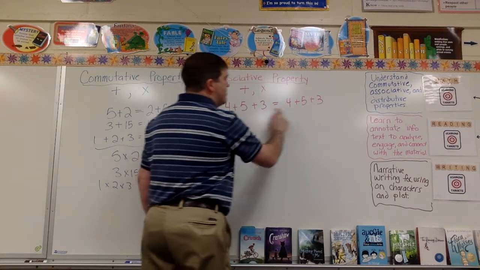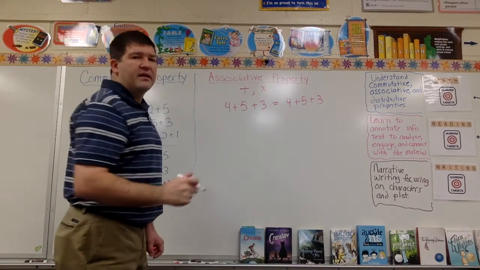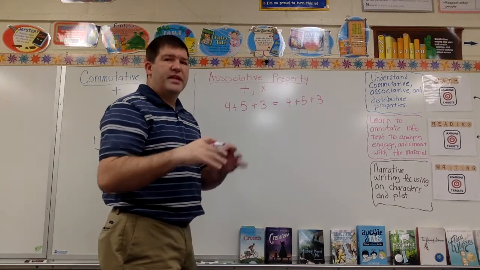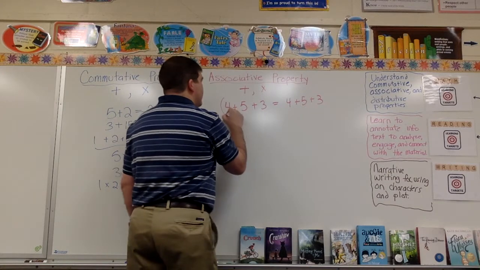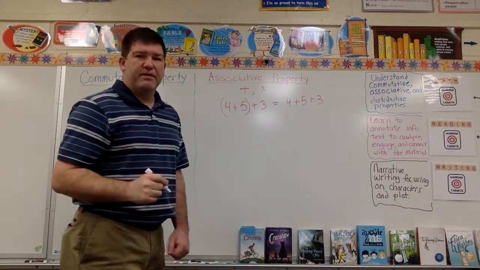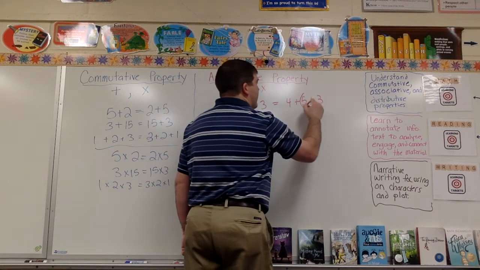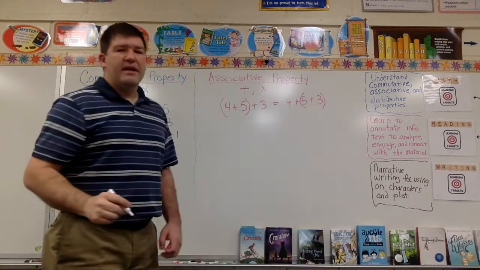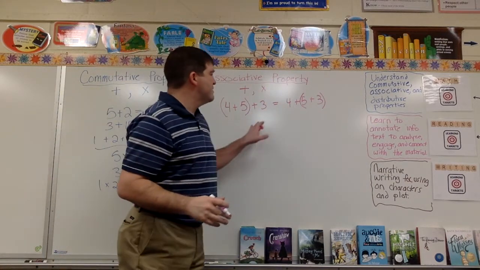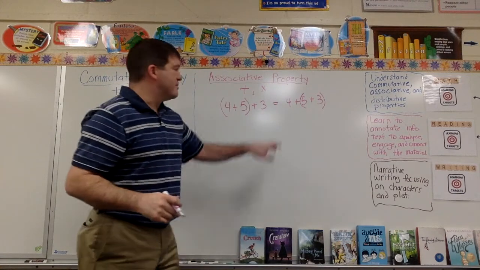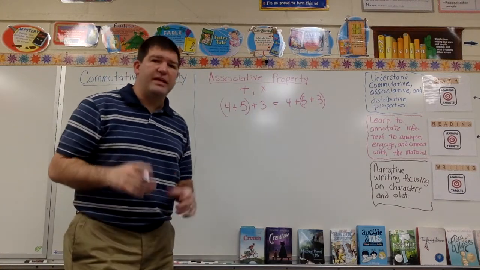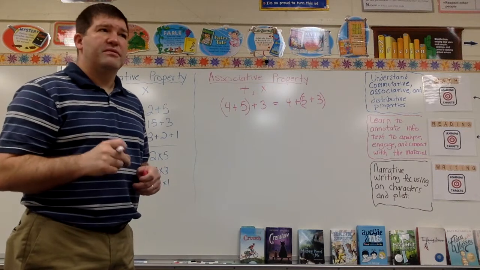Now that's exact same order, same numbers. I'm going to put parentheses to associate or group these differently. On this one, I'm going to do the 4 plus 5 first. On this one, I'm going to do the 5 plus 3. Now, it doesn't matter which I do first. It's going to give me the same answer. So this is an accurate statement. These do equal, and it's based on the associative property.